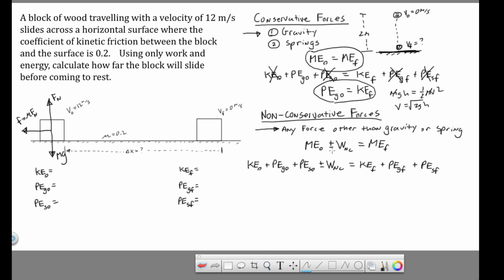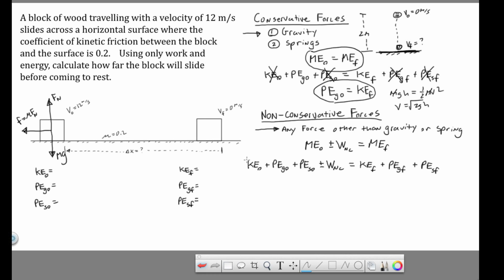So that's why we have here this plus or minus work non-conservative. It's plus or minus because non-conservative forces can add mechanical energy to the object, and they can also remove energy from the object, such as friction.